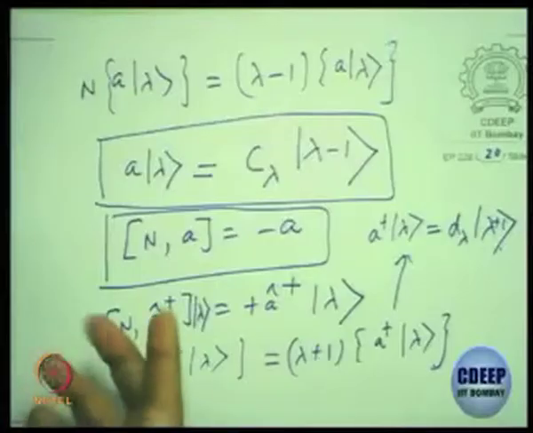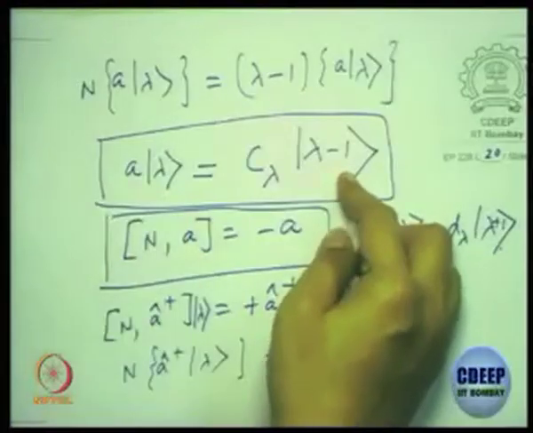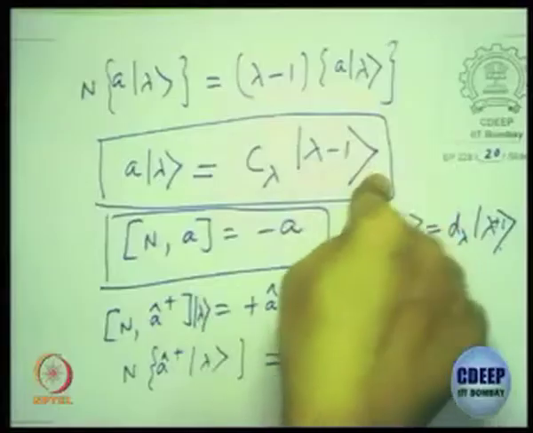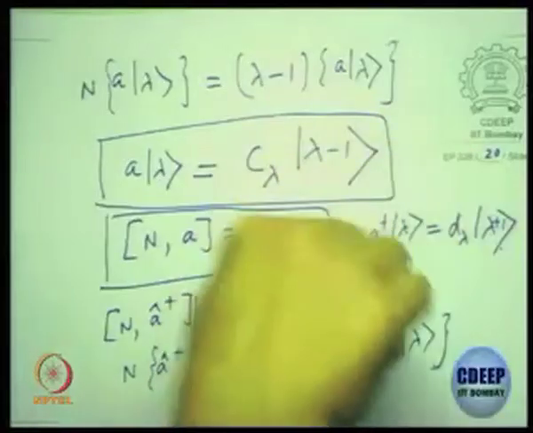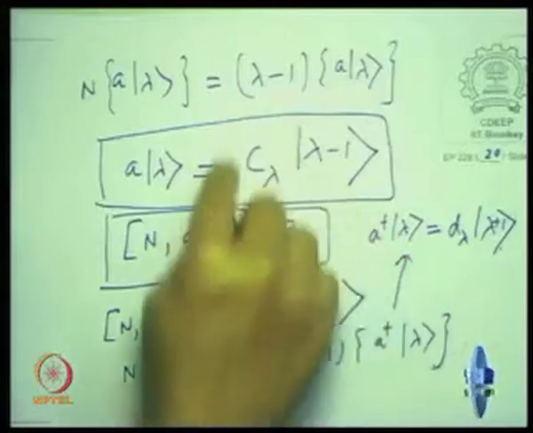So lambda has to be necessarily an integer. Suppose lambda was 5, I can go to 4, I can go to 3, I can at most reach 0. After I reach 0, I would claim that these coefficients are 0.